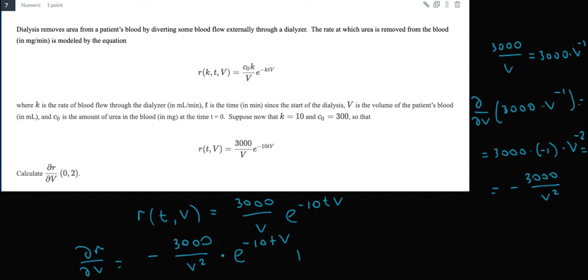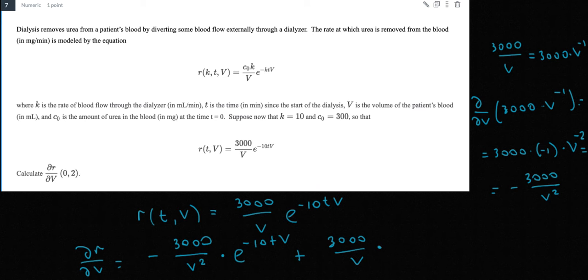And then to that, we will have to add the first factor, 3000 divided by V, multiplied by the derivative of the second factor, which is an exponential function. And not only is it an exponential function, but the exponent is not just V, it's a function of V. And therefore, for calculating the derivative of this exponential term, we will have to use the chain rule.